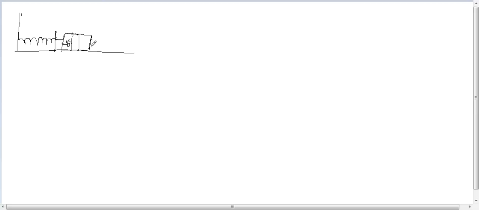Okay guys, so this point of the spring will also be displaced, because the spring is not rigid. So this point is somewhere here.